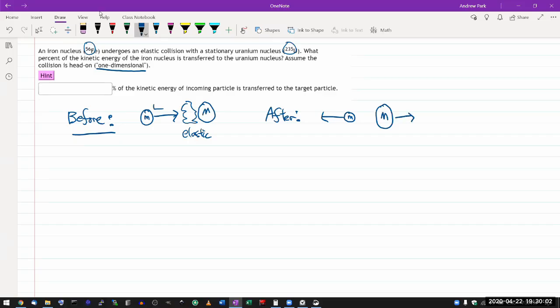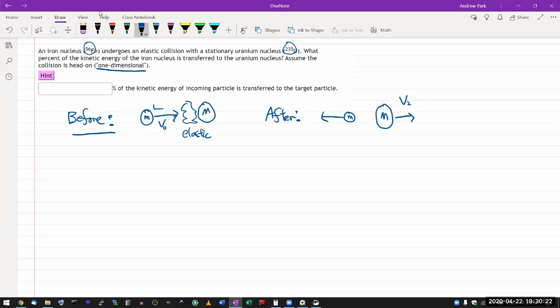So, kind of thinking through this collision, you might get this first. You have something with the initial velocity coming in, striking, and then after the collision, the target mass goes off, probably forward to the right.